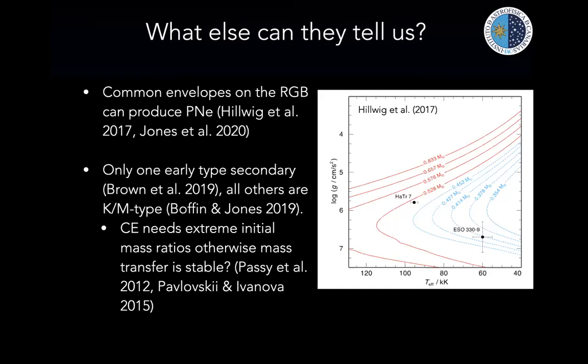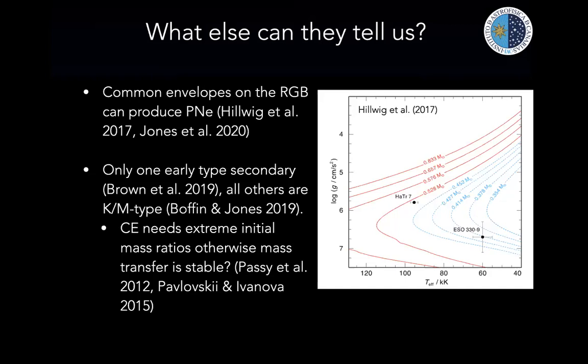And in fact, this is shown as well in the population of more evolved white dwarf and main sequence binaries. We also only find one early type secondary. So all of the others are late or small low mass stars, K or M type. We only find one which is solar mass or greater in the secondary stars.